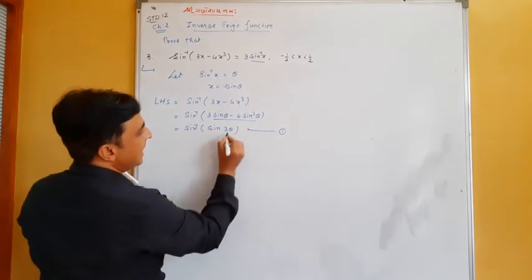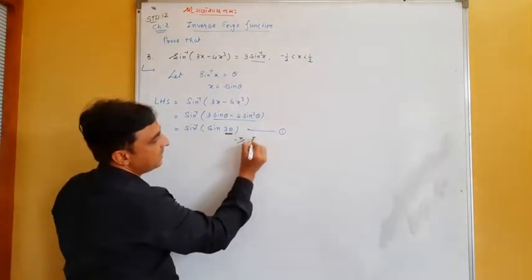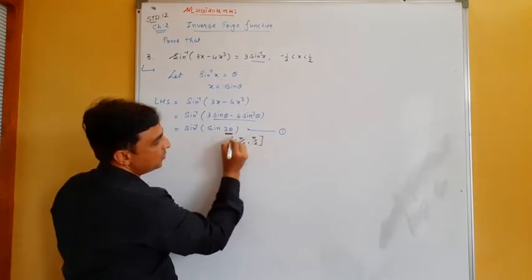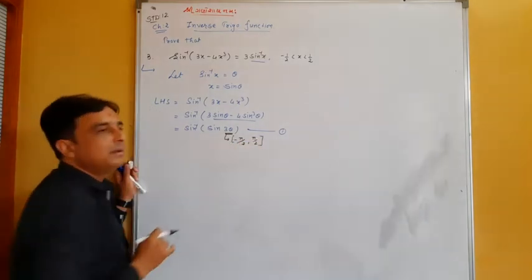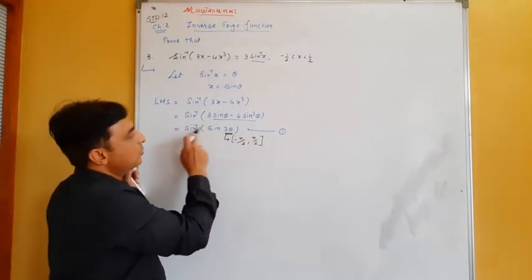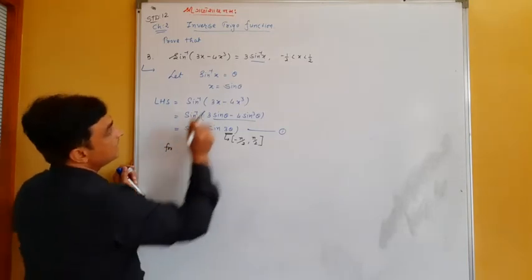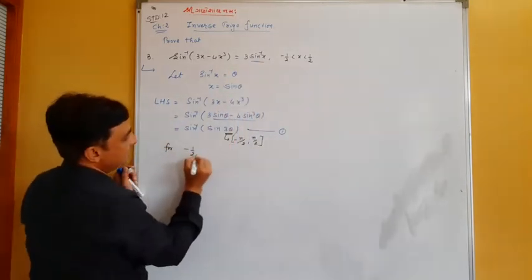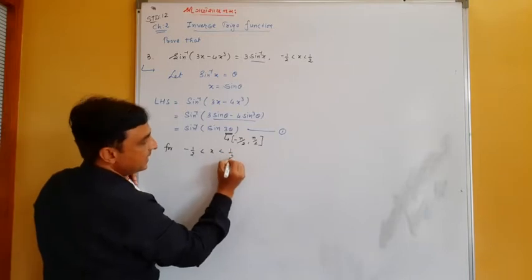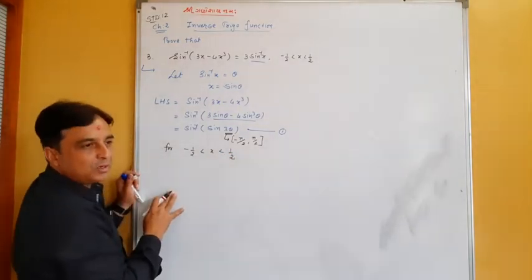That 3 theta is in the range of sin inverse, meaning minus pi by 2 to plus pi by 2. If this is in the interval minus pi by 2 to plus pi by 2, then these both are cancelled. So now for minus 1 by 2 less than x less than 1 by 2, what is the value of 1 by 2 for a sine?